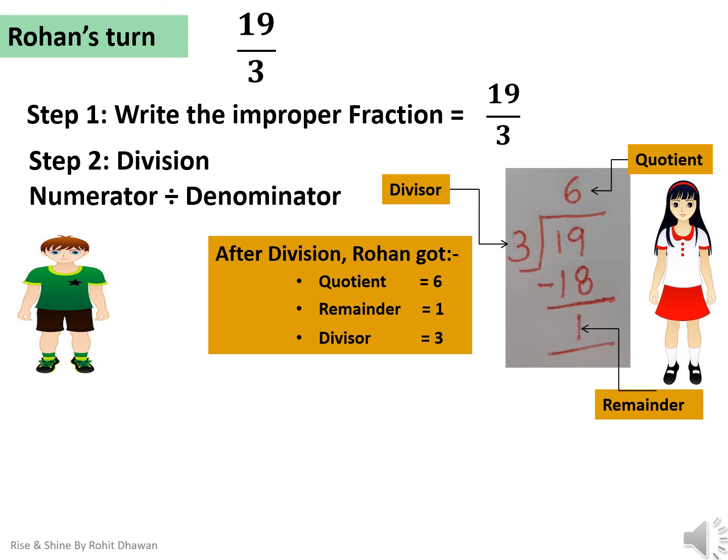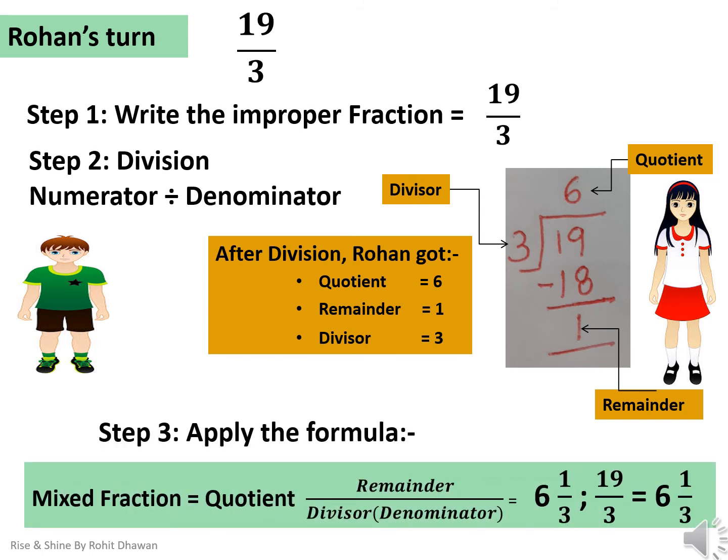Finally, applying these values in the formula, he got the resultant mixed fraction as 6 1 by 3. Rohan was very happy to get the correct answer. Now he was confident that he will be able to do the remaining sums from his assignment. And he thanked his sister Rishita for all the help and support.